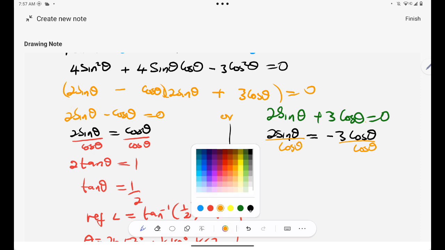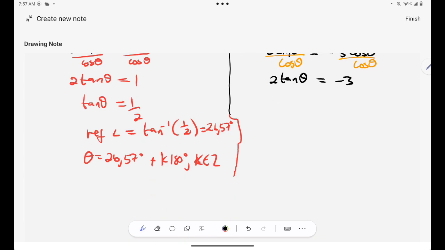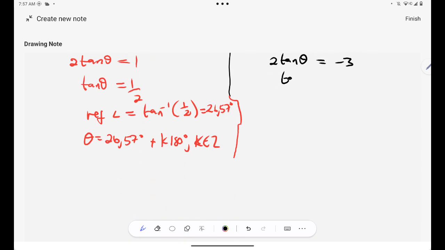That means I'll have 2 tan theta is equal to a negative 3. So tan theta is equal to negative 3 over 2. I must just find my reference angle, which is tan inverse 3 over 2. Notice that I don't substitute the negative there.